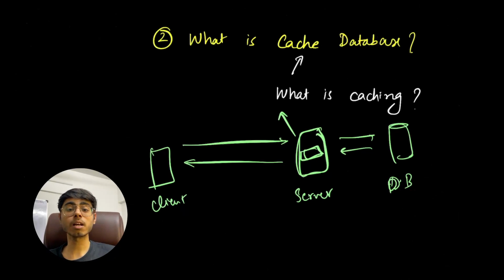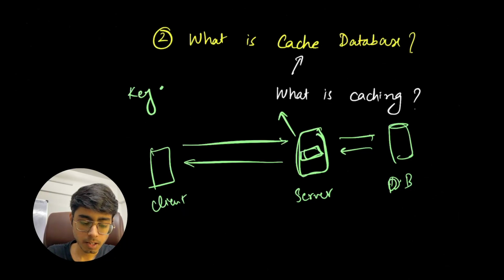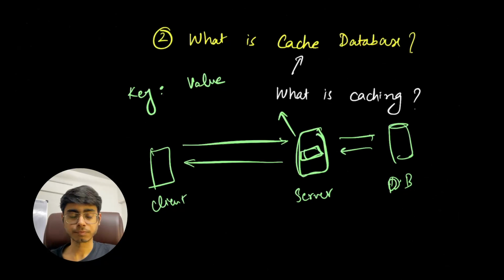Cache databases are actually a lot faster than the normal databases, because they store the data in terms of key and value pairs, not in terms of collections, documents, tables and all. They just have a key and a value. Let's say you are making a tiny URL app where people can put their long URLs and get a short URL for that.